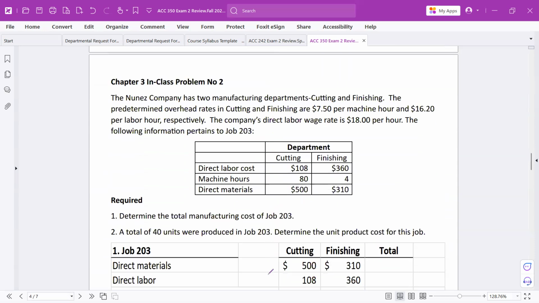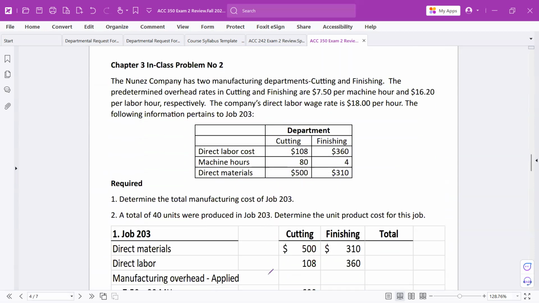And then I want to do one of these where you have two departments. And we want to be able to, again, find the total manufacturing cost for the job and then the unit cost for the job. So we have two rates that are given to us. The predetermined overhead rate in cutting is $7.50 per machine hour.